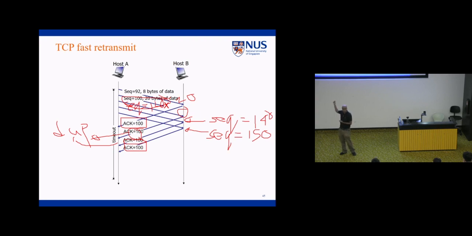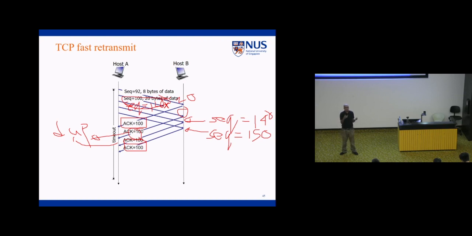Then I get a second duplicate acknowledgement, which says something I sent after 100 has made its way, but 100 still hasn't made it. Is it still taking a longer route, or is it lost? We still don't know. Then I get a third duplicate acknowledgement, which again says another packet has made it to the destination, but 100 still hasn't made it.